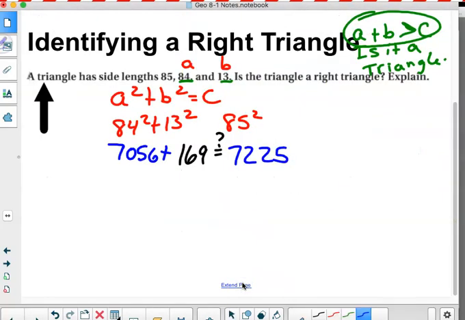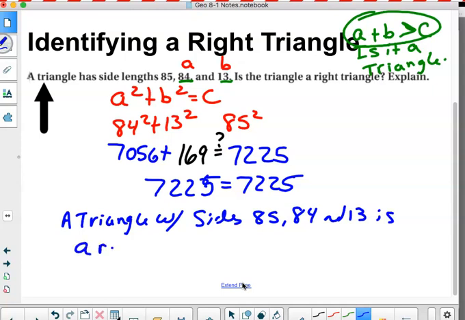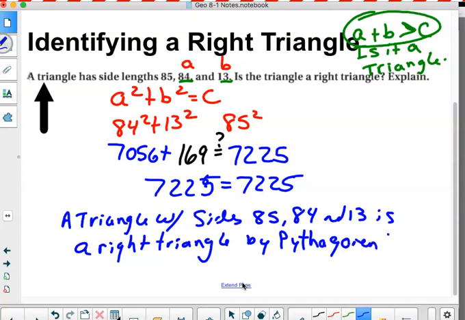So what that means is, since this is also 7225, and this is 7225, a triangle with sides 85, 84, and 13 is a right triangle by Pythagorean converse.